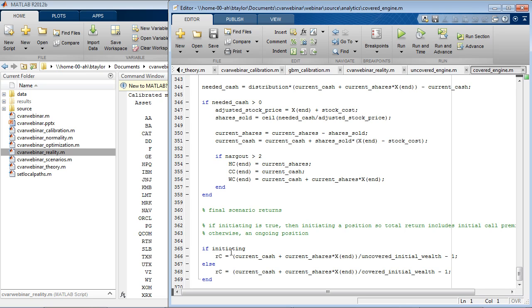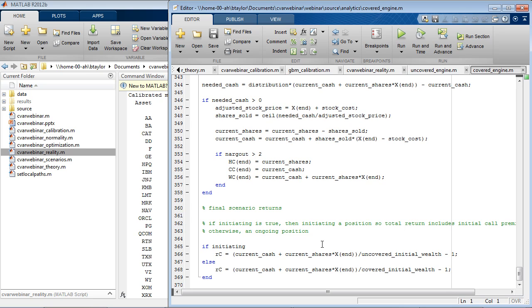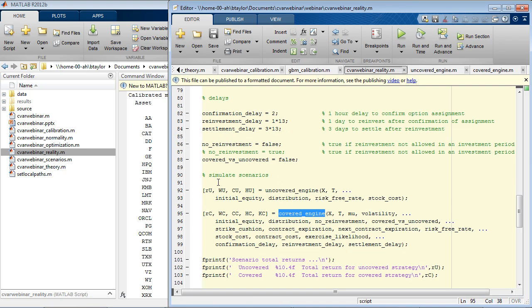And because there are two different ways of looking at your positions, if you're initiating a position in the call, then you calculate return relative to your uncovered initial wealth. And if you have an ongoing position, then you calculate your return relative to your covered initial wealth. So this script basically shows one of those examples.